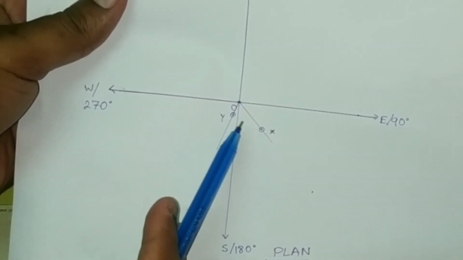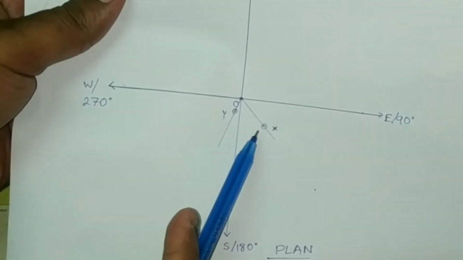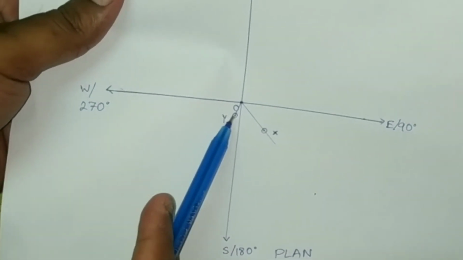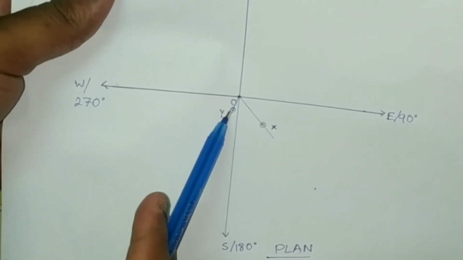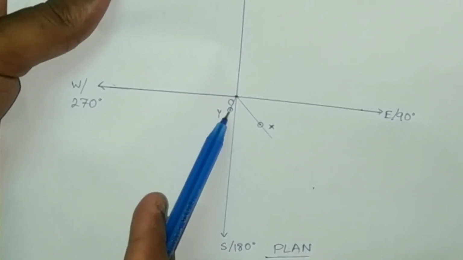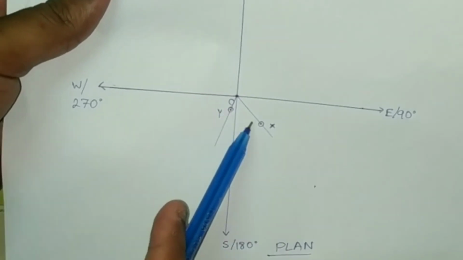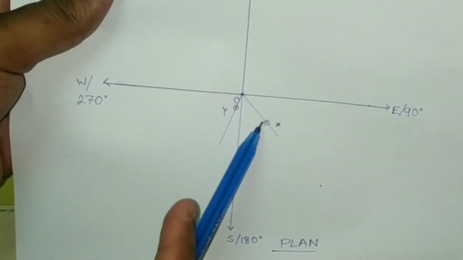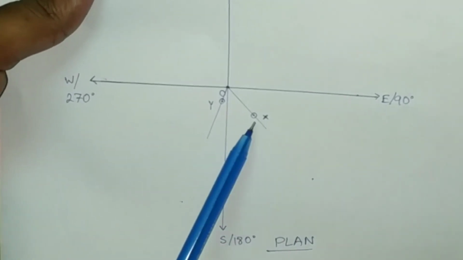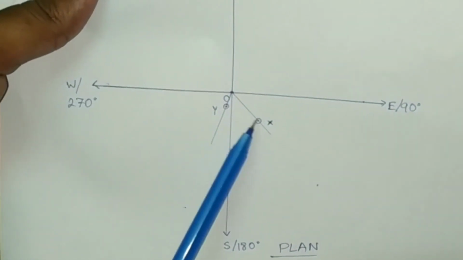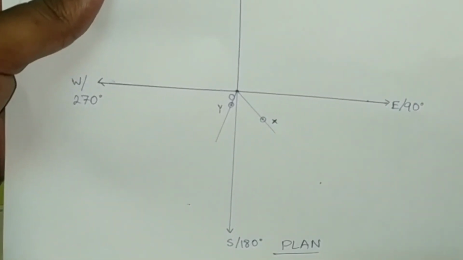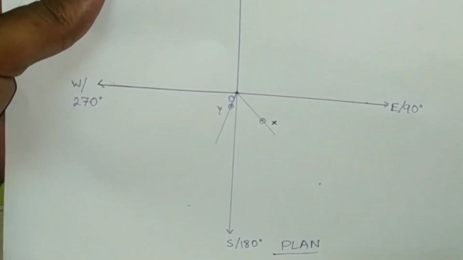So the plane must go at depth just vertically 100 meter below these 2 points. That is the logic of stratum contour. If we connect these 2 points, we will get the minus 100 meter stratum contour.